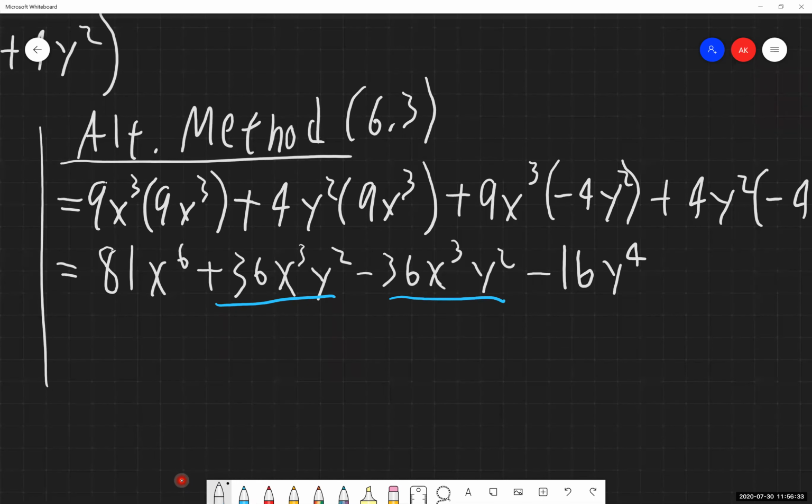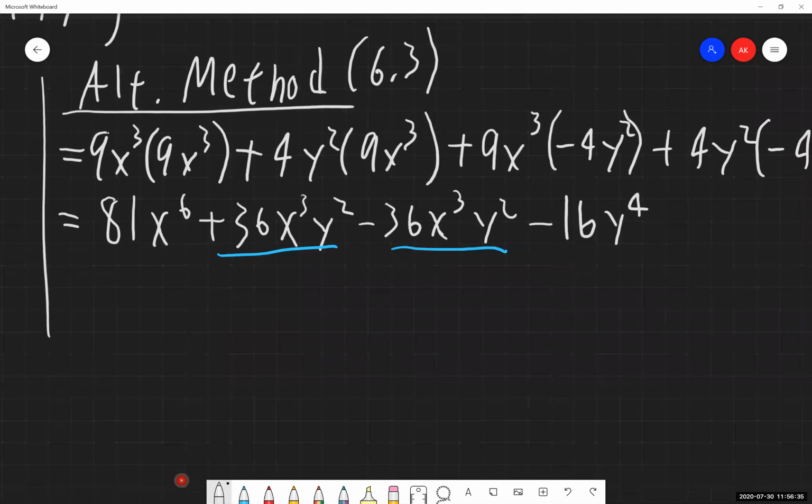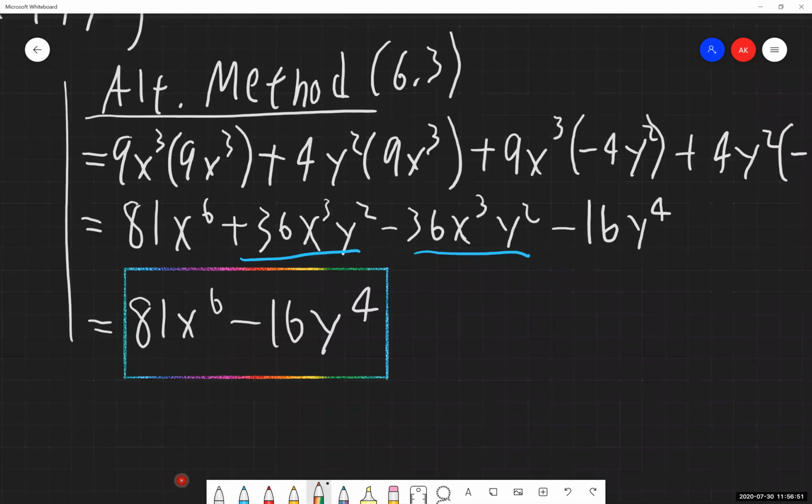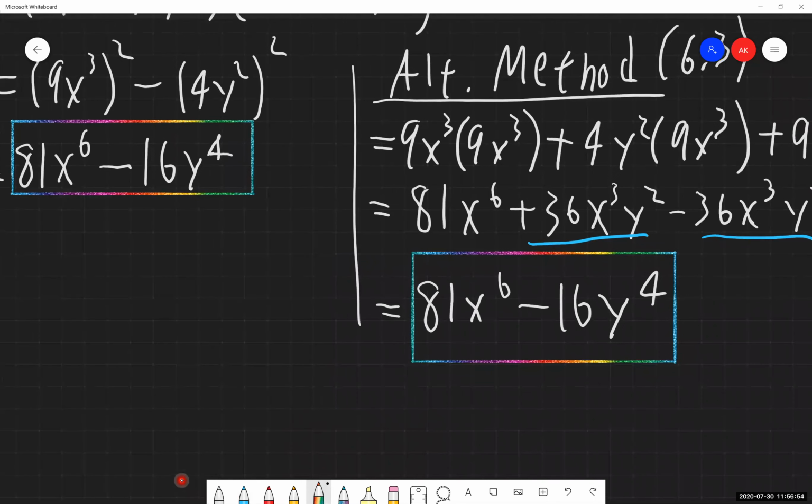Positive 36 minus 36, well, those are just going to cancel. I'm left over with 81x to the 6th minus 16y to the 4th. And we find the exact same answer.